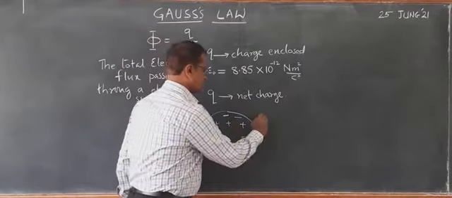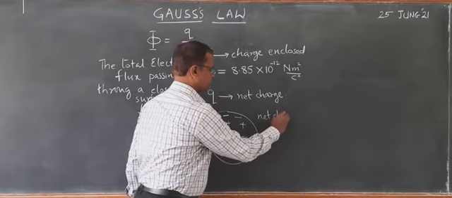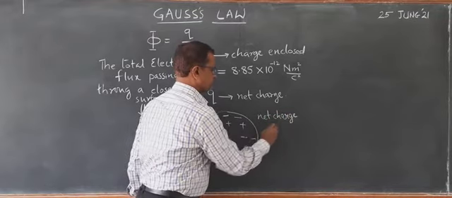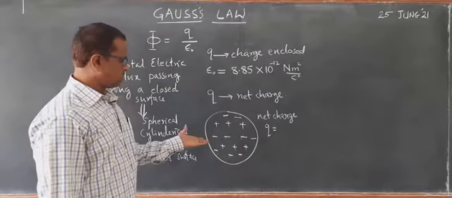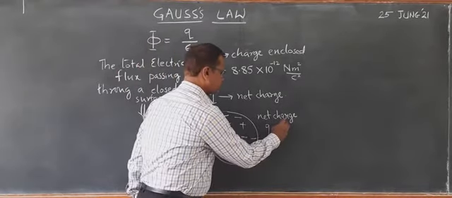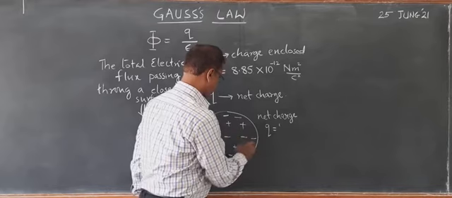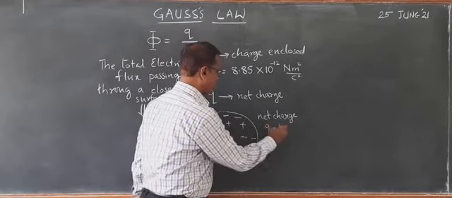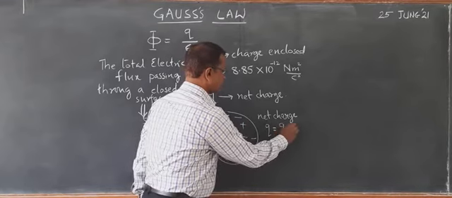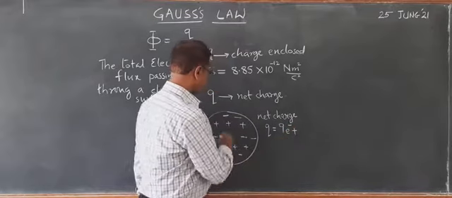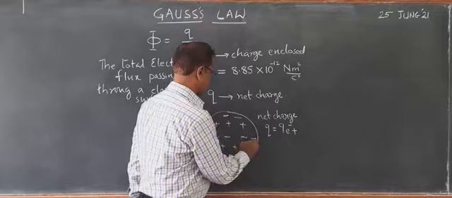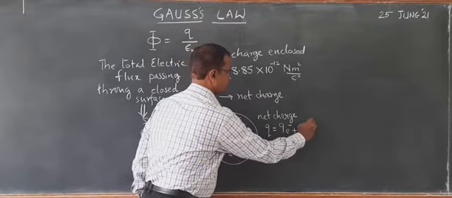In this case, net charge Q is equal to 9 E minus plus 6 E plus.